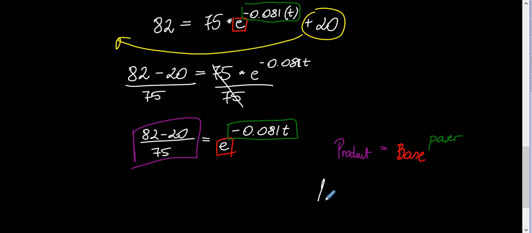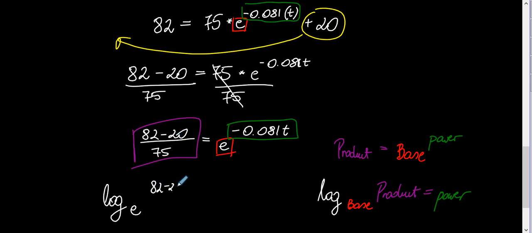So that means we apply the log: we take the base, we take the product, and that equals the power. Applying that here, we take the log, we take the base e, we take the product, whatever that value is, and then that equals our power.